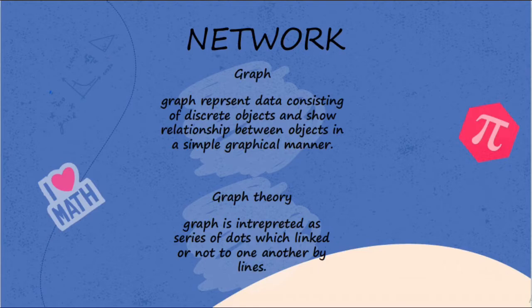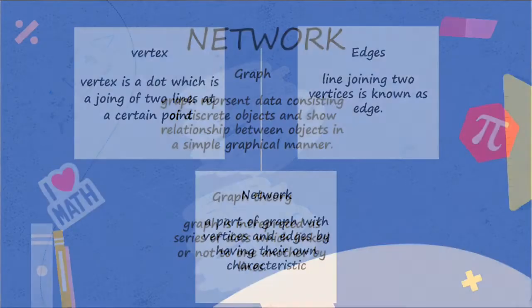Introduction of network. Graph. A graph represents data consisting of discrete objects and shows the relationship between objects in a simple graphical manner. Graph theory. A graph is interpreted as a series of dots which link or not to one another by lines.